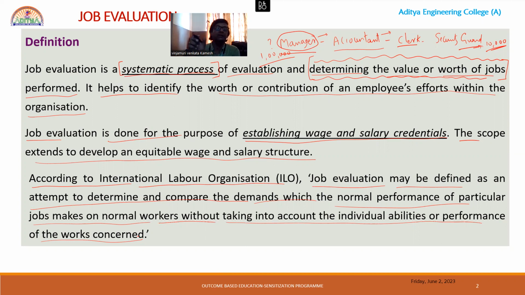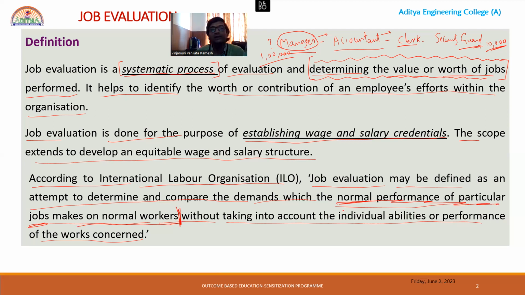So it is an attempt to determine and compare the demands which the normal performance of particular jobs makes on normal workers. Normal performance means average or general performance of the particular job.